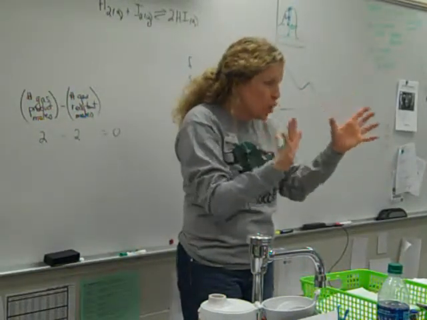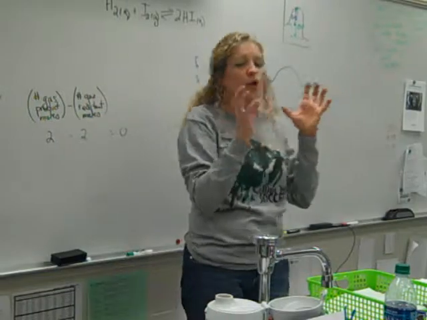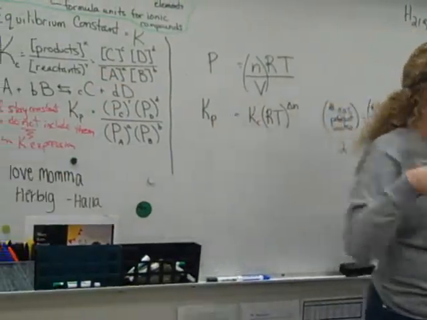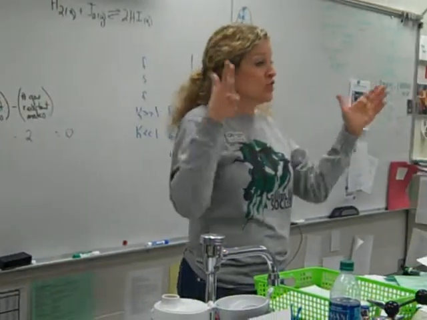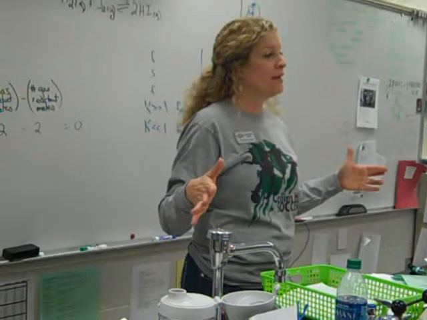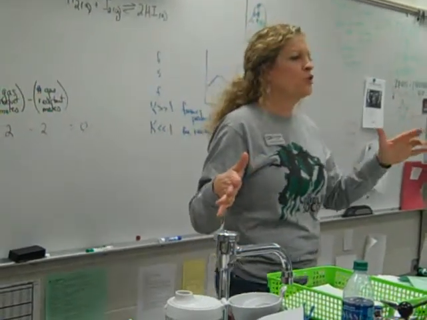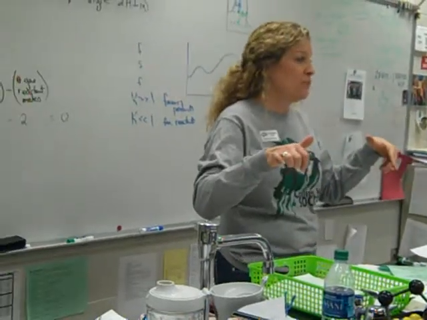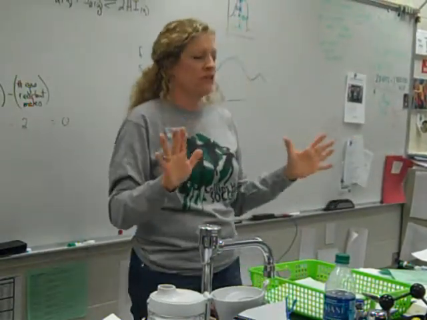Every reaction has its own unique balancing point, which gives it its own unique K value. Once you get there, does it stop? Does it stay still? What did we say yesterday? It keeps on going because we call it a dynamic equilibrium, not a static one. It doesn't just stop.